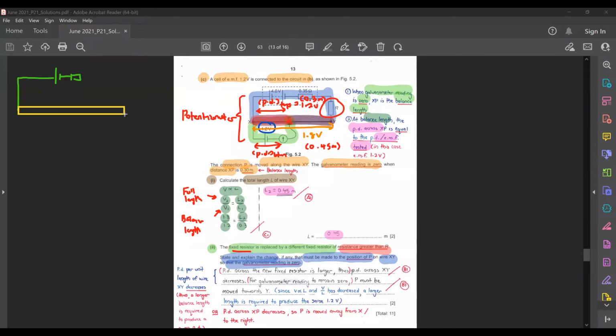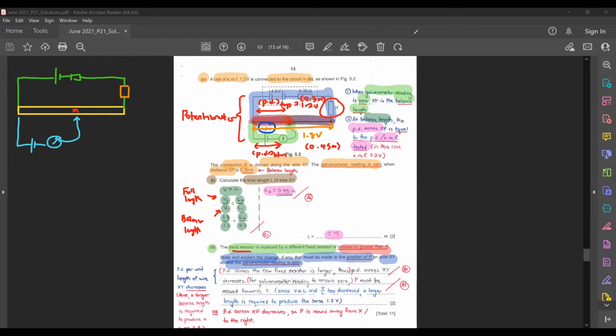And then this uniform resistance wire is in turn connected to our fixed resistor right over here. And then that in turn connects back to our battery right over here. Okay. And that circuit is still connected to the EMF that is being tested. So we have this with the galvanometer connected to the wire. And the point where it connects to the wire is point P here.